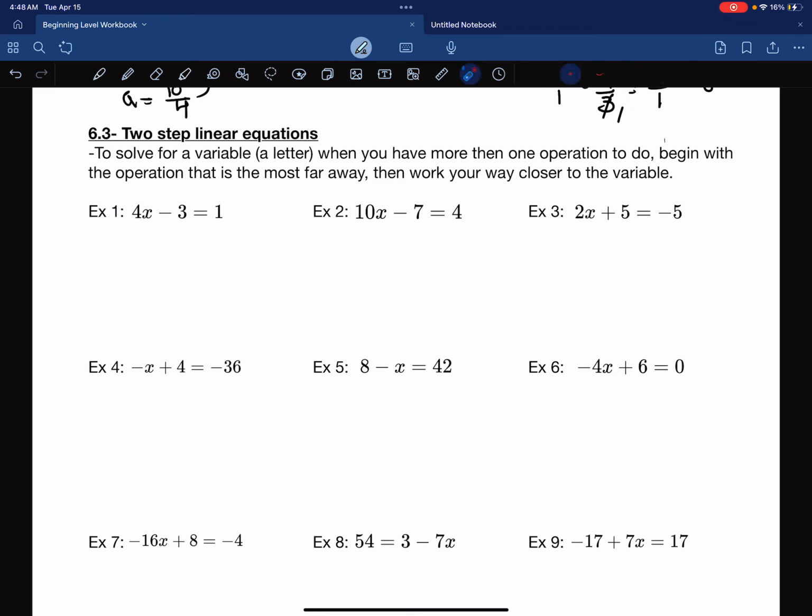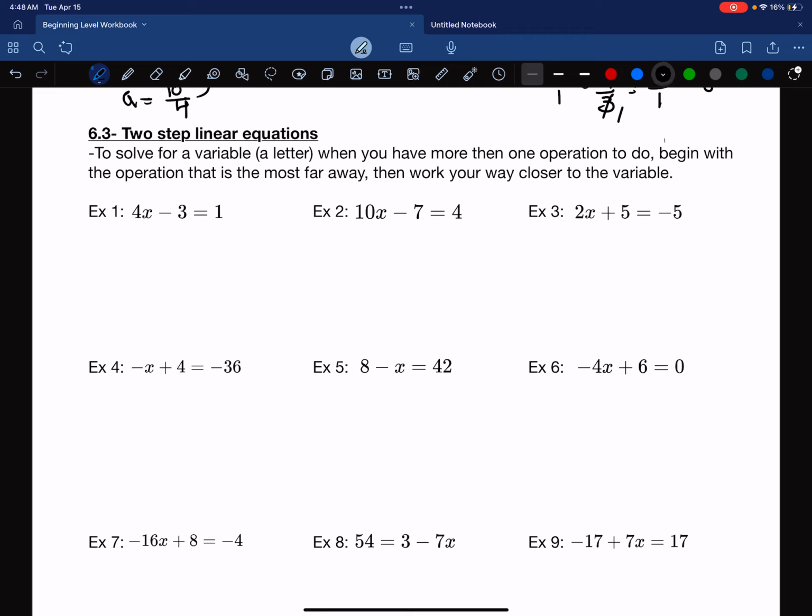So looking at example 1, we have 4x minus 3 equals 1. So to begin solving for x, what we want to do is find whatever operation on this side of the equation that x is on. We have to find out which operation we should do first.